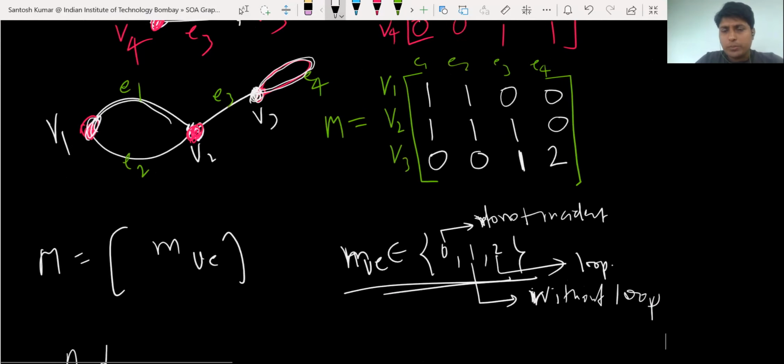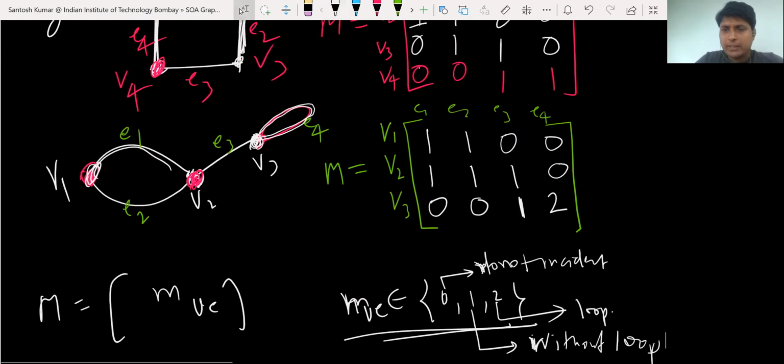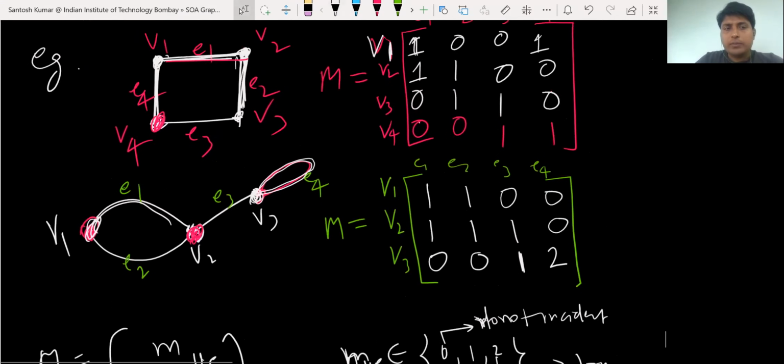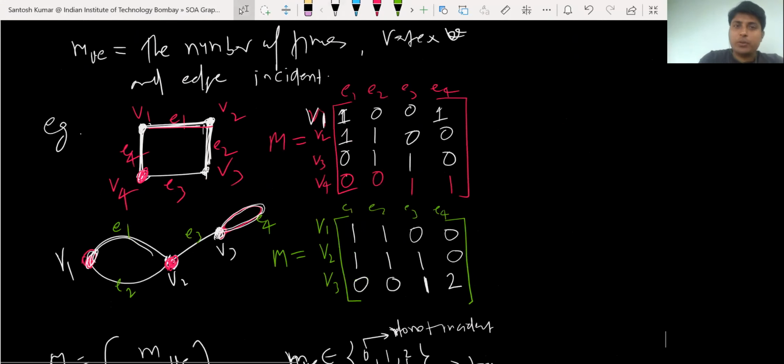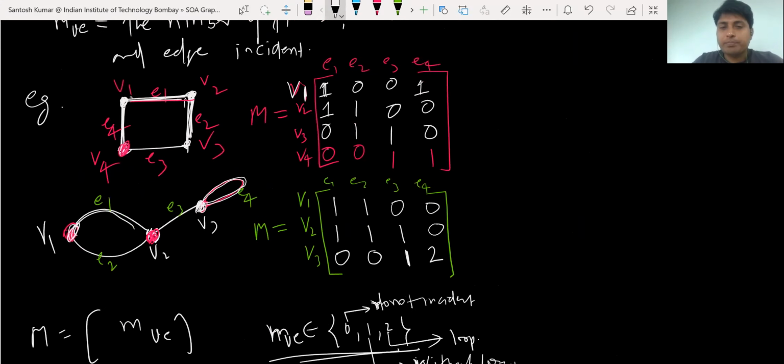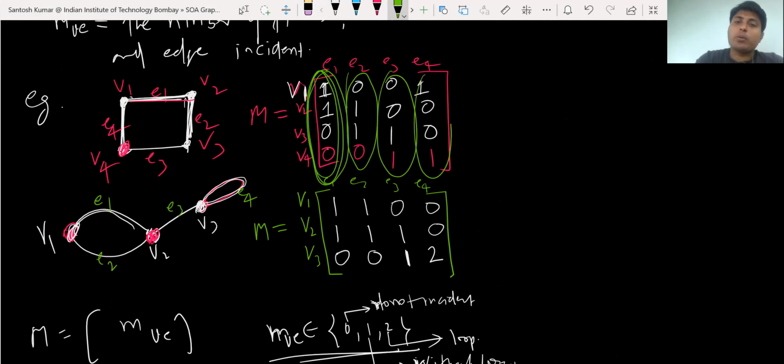You can notice one thing here: in the incidence matrix, what is the column sum? You sum all the entries of a column. What we see is that the sum of all entries of any one column is 2.